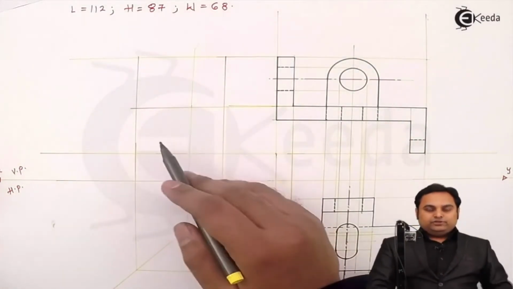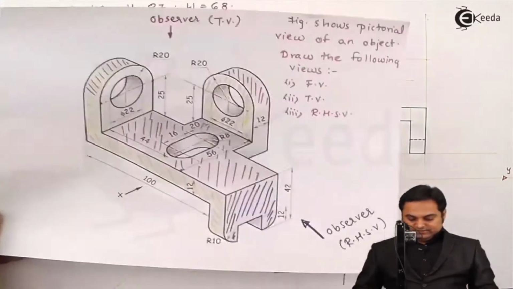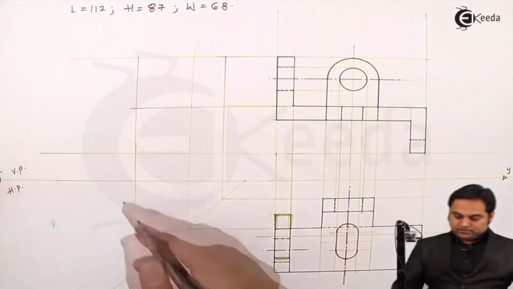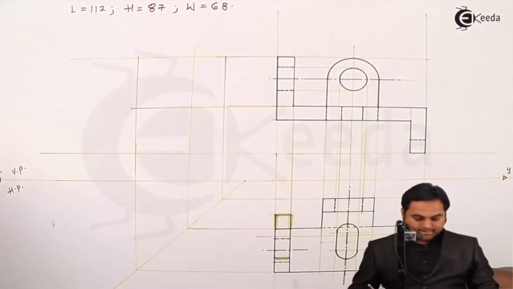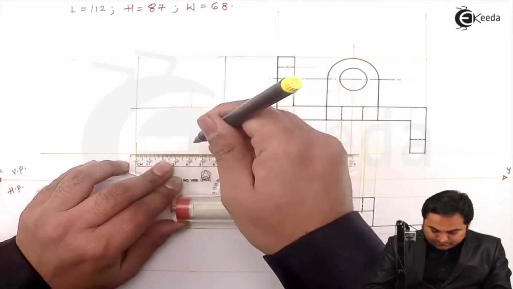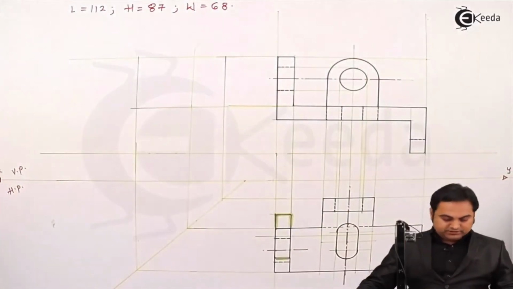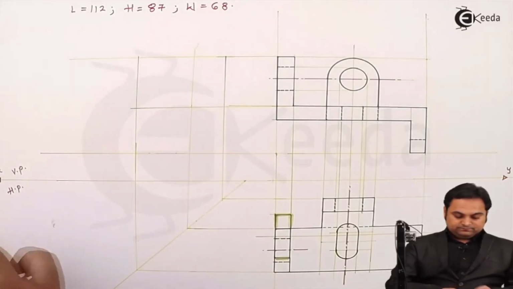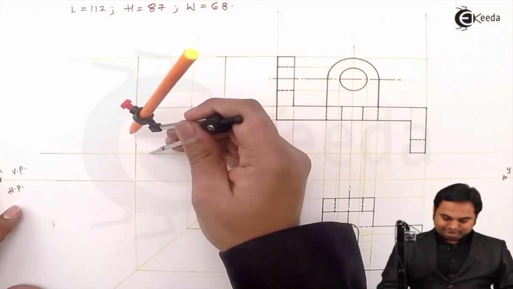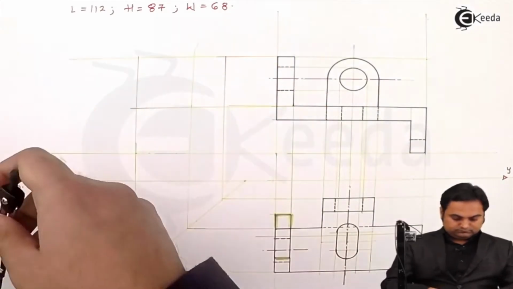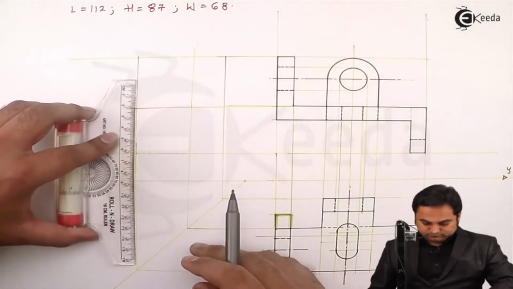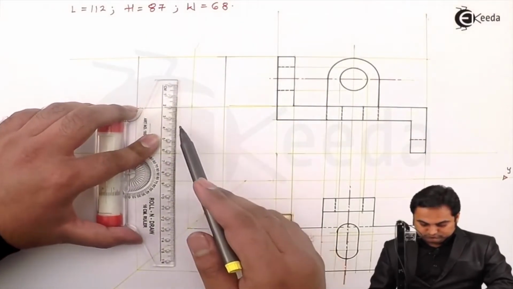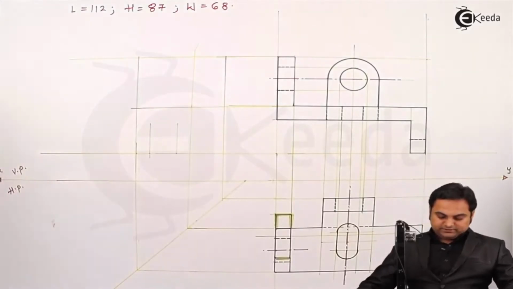Now here I have to draw that surface, and as I can see here, from both sides it has radius 10 mm. So I have to draw an arc here, measuring 10 mm on both sides, then taking that distance in the compass. Drawing light lines.